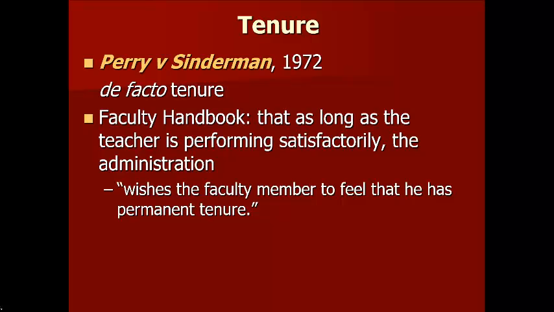Well, here's where we see that expectation come into play. And because of the way the handbook was written for faculty and the way that the plaintiff was treated in this case, the expectation was there that he would have tenure, and that's why we see that third item under a property right, and that is the expectation of something, and in this case, tenure.